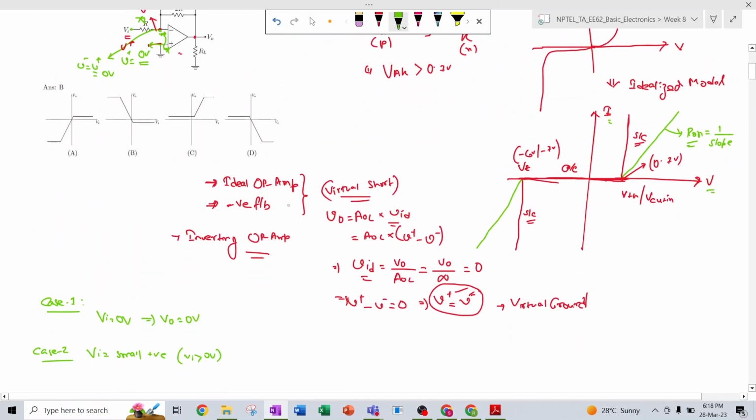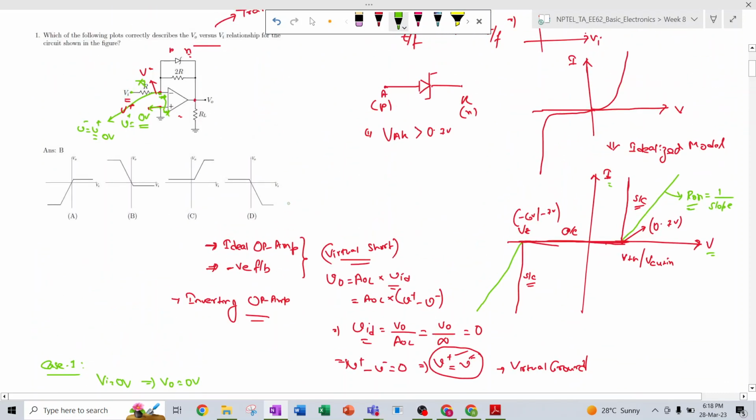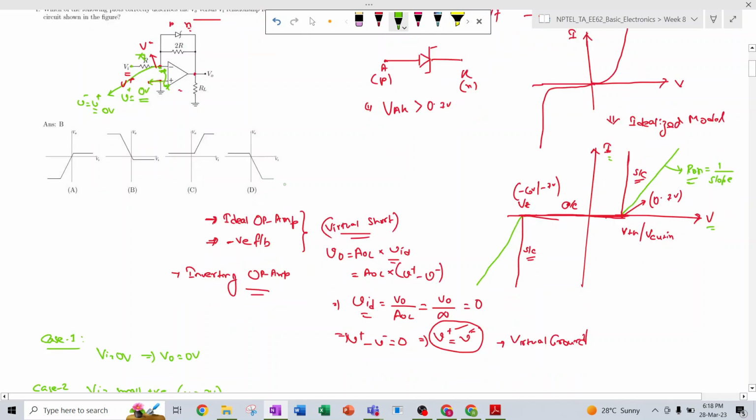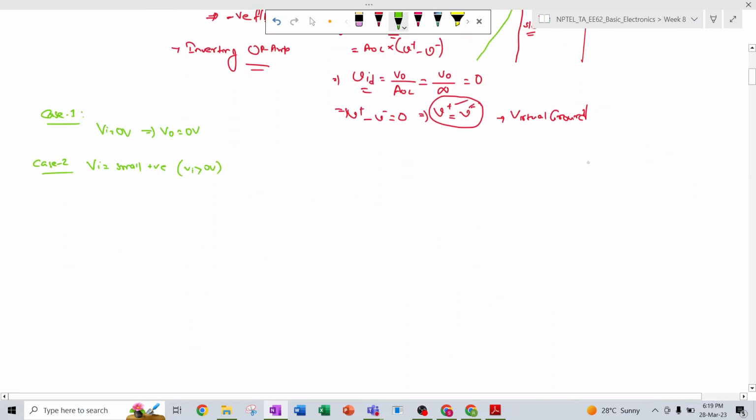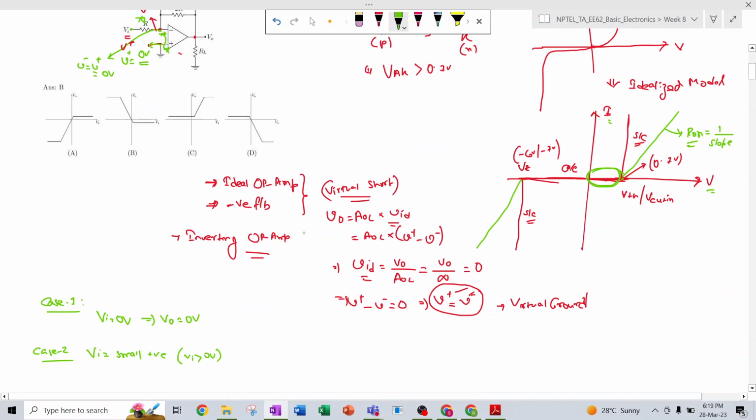So I will draw the circuit again. For this small positive, the diode acts as an open circuit, because the diode doesn't conduct before it reaches 0.7 volt, the cut-in voltage. So basically the circuit will be like this.